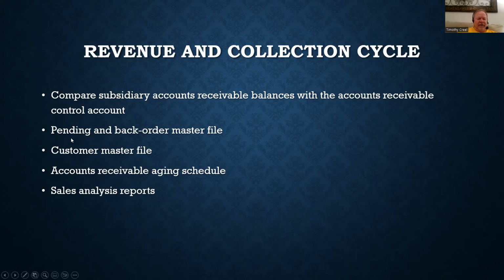You want to check the pending and back order master file. What this is, orders that are pending means that they're in the process of being put together. Maybe one item is missing, and that would be the back order master file. What if a customer orders something and part of what they order is on back order?